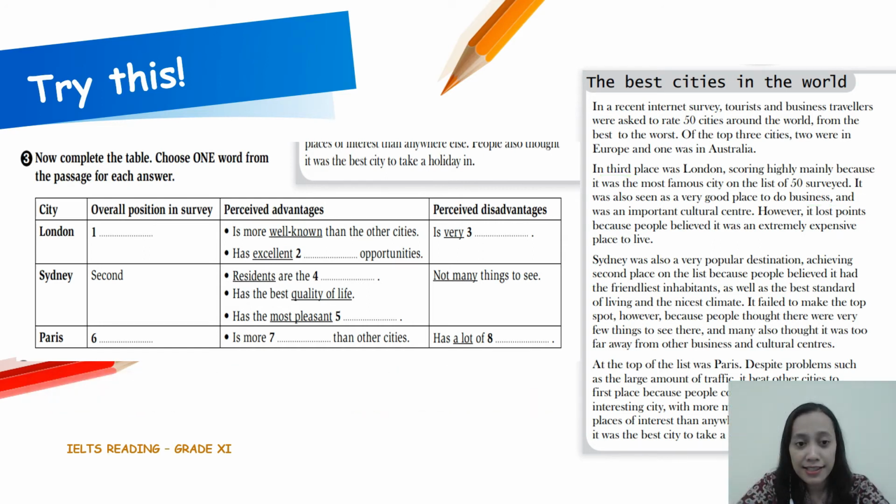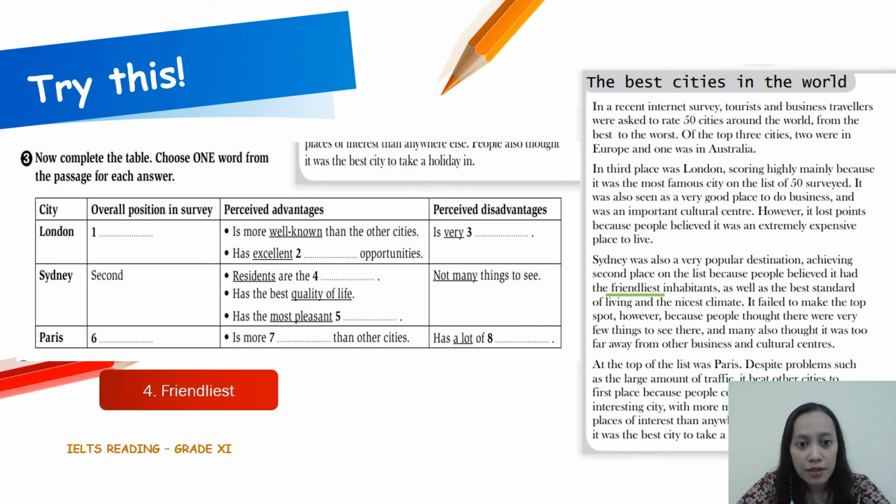Okay, the second city is Sydney. And for number 4, the keyword here is the word resident in the perceived advantages. If you look at the text once more, you will find the word inhabitants as the synonym of residents. You will also find the word friendliest before the word inhabitants, as the best word to describe how nice the residents are in Sydney.